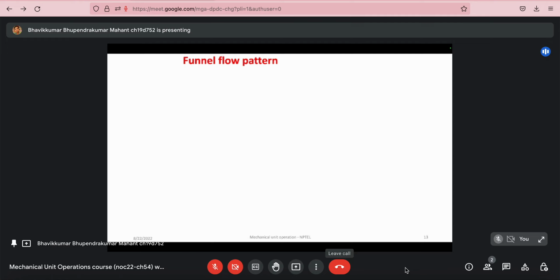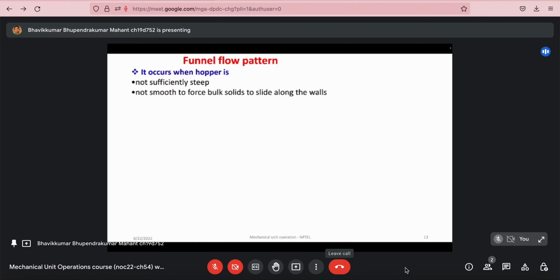Now the other one is the funnel flow pattern. These two flow patterns have some questions in the assignments, and they are very important in your exam also. If any question is asked on these flow patterns, then you need to differentiate them from the other parts of your subject, and you need to take care of the solution of the problem.